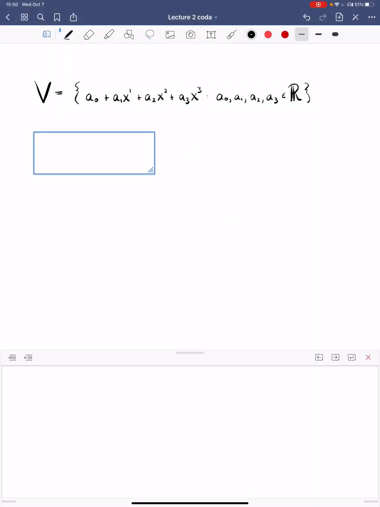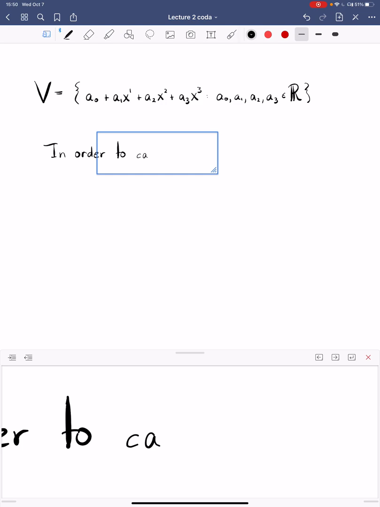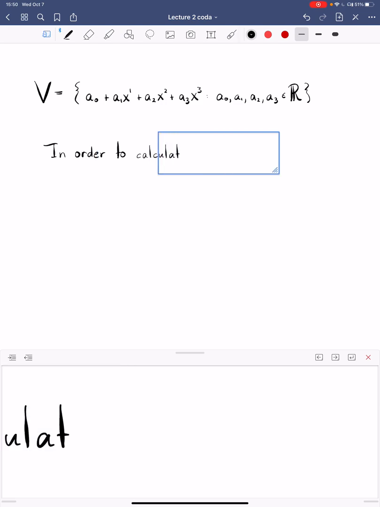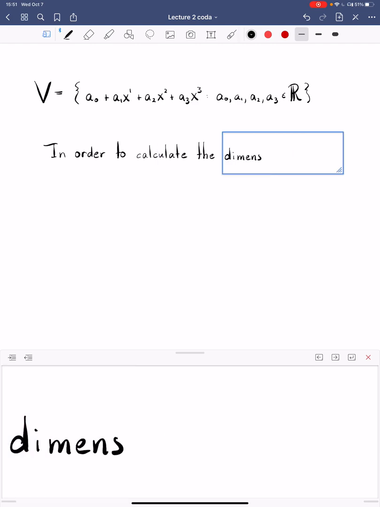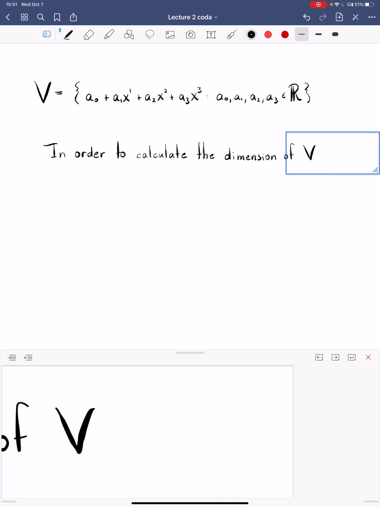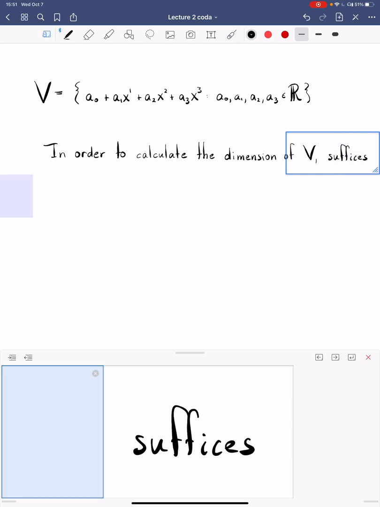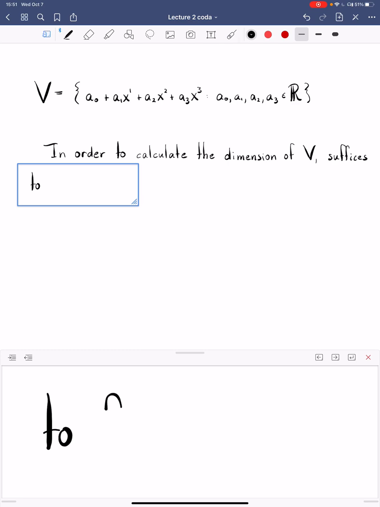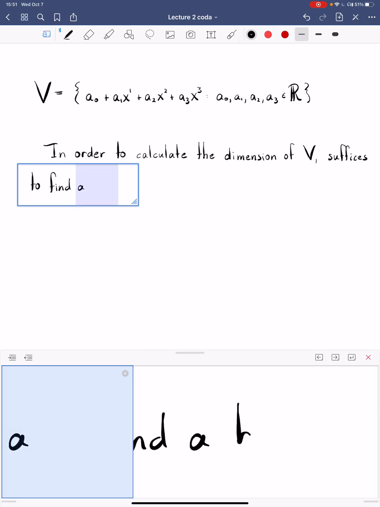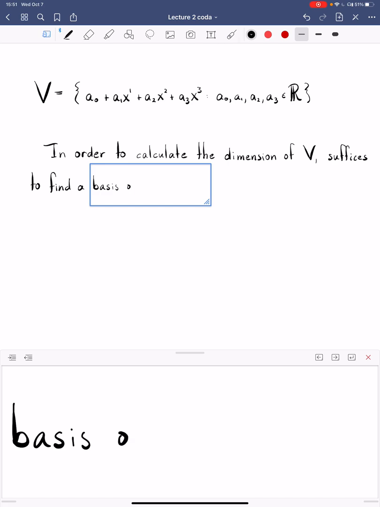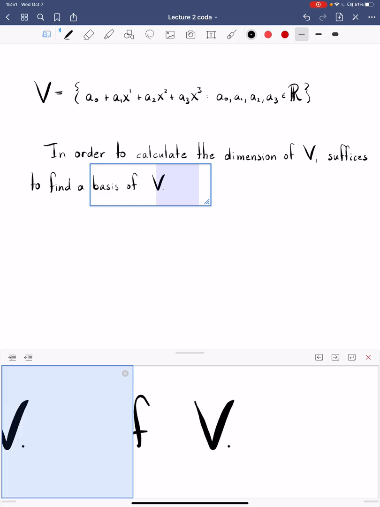Okay, so in order to calculate the dimension of V, it suffices to find a basis of V. Okay, and I suspect that it's probably pretty clear to most everyone what that basis is, right?